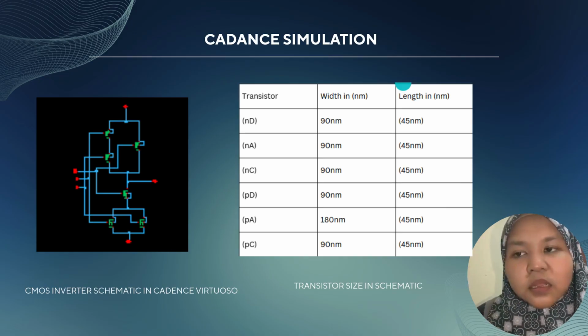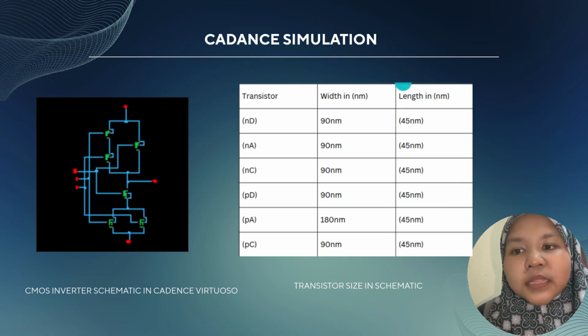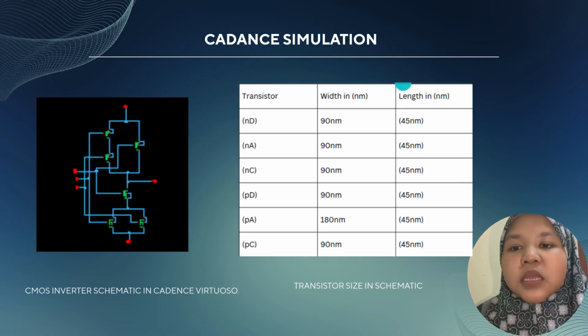For NMOS the value is 90 nanometers, and for PMOS it is 90 nanometers also, and for PMOS for input A it is 180 nanometers, and for length in the Cadence simulation we set 45 nanometers.